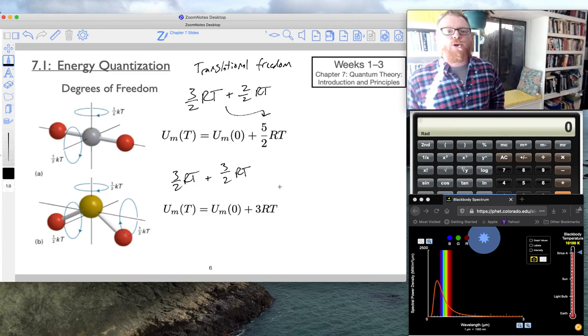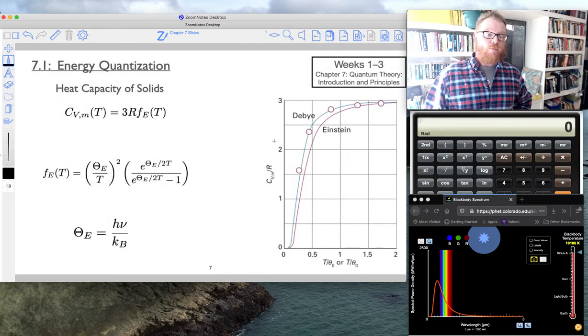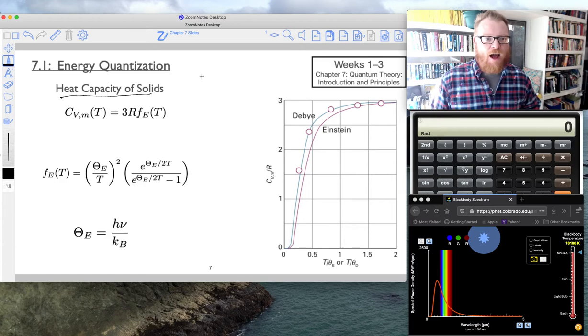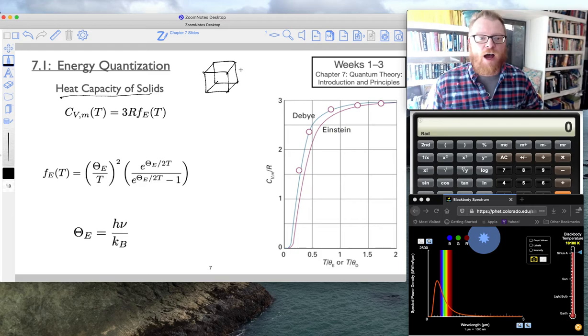So why am I reviewing this? Well, recall the heat capacity of a solid. And I'm going to draw a cube here. If you recall, in what I will call a perfect crystalline solid, it can vibrate in a dimension coming out of the board or going into the board.